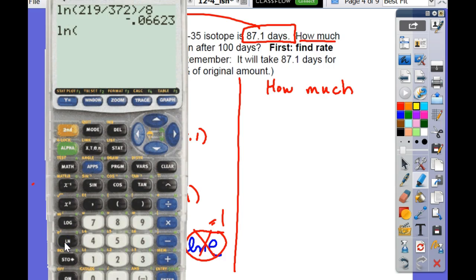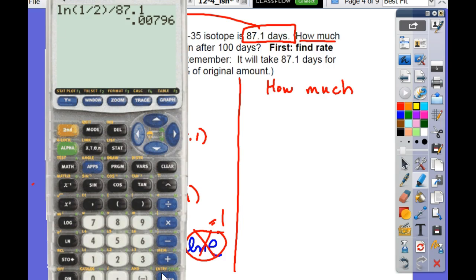And so then we would have ln of 1/2 divided by 87.1. I did not type the right numbers in, so I did not get the right answer. 87.1. The negative sign there is because this is decaying.